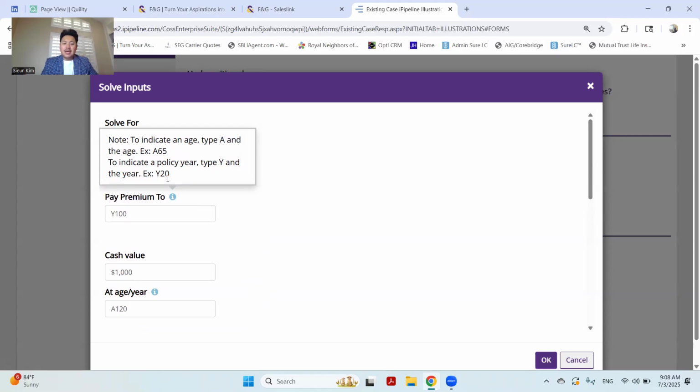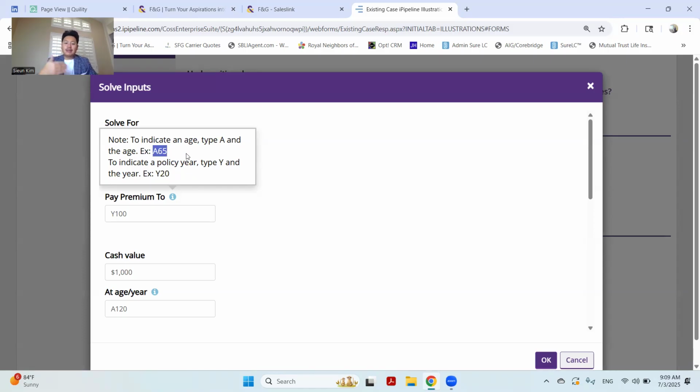So what does that mean? If a client said, I only want to pay for 20 years, then Y20 means this will illustrate only 20 years of premiums being paid into it and then it stops. Okay, 20-year limited pay. If you put A65, that means age 65.